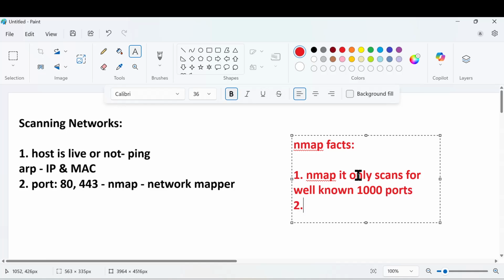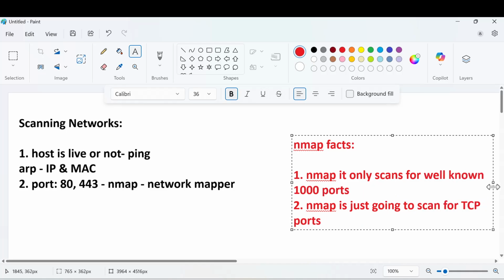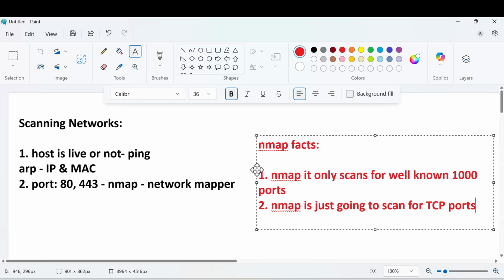Also, by default Nmap just scans for TCP ports. And along with that, by default Nmap performs the TCP SYN scan, which we also call the stealth scan or half-open scan.